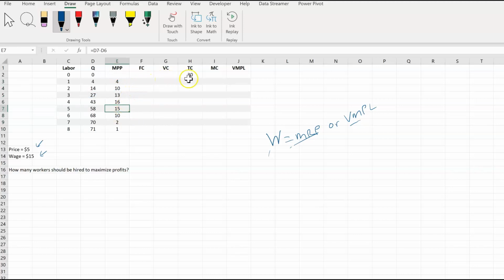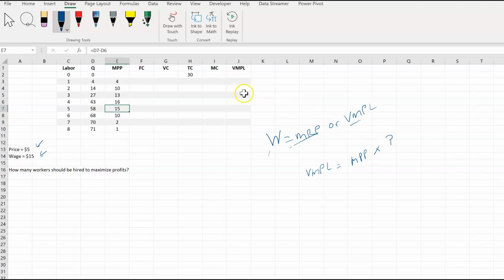Now the VMPL, or MRP, is going to be, let me write that down for you. MRP or VMPL, which is the same thing, VMPL equals MPP times the price of the product.